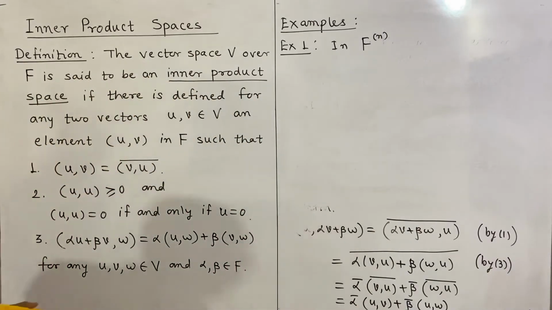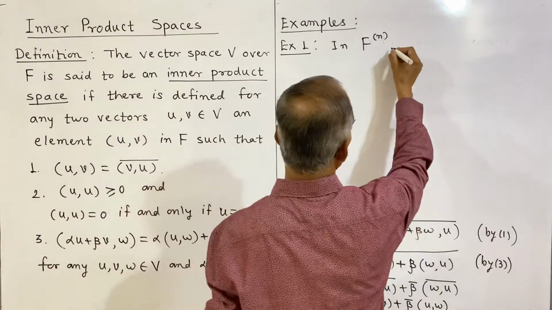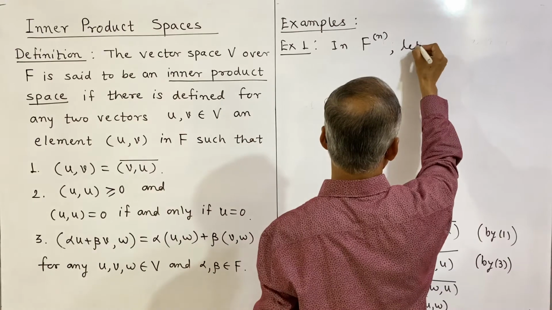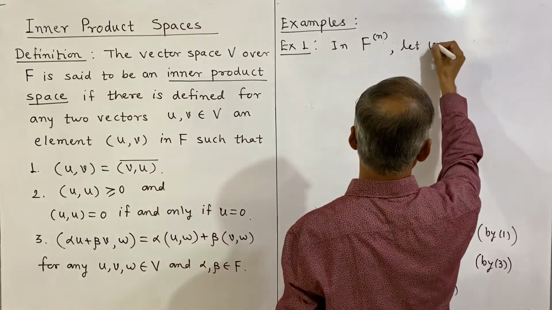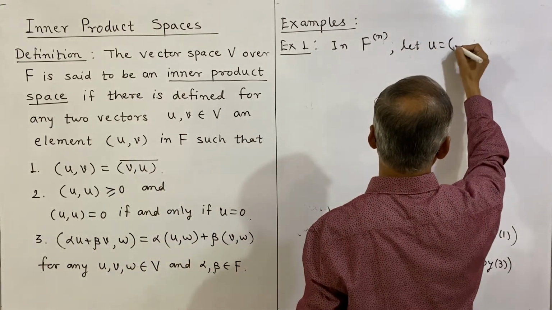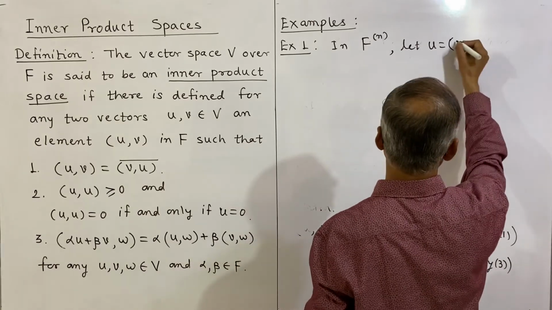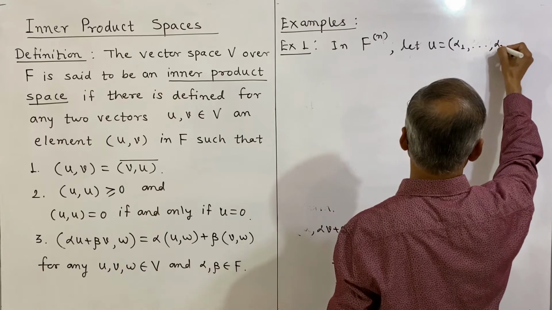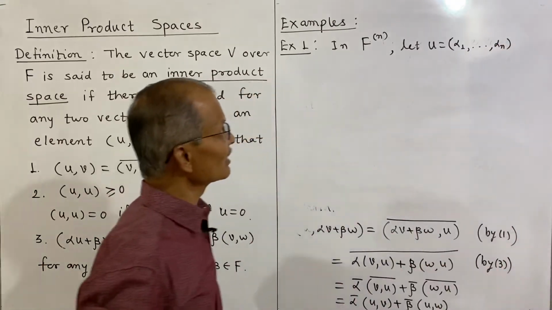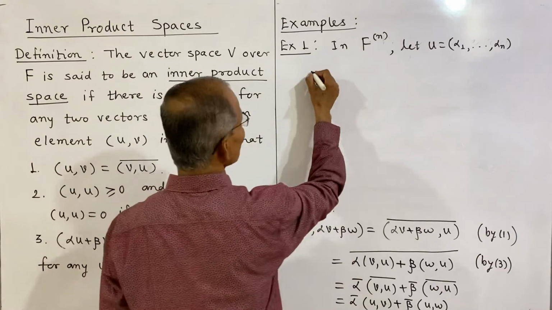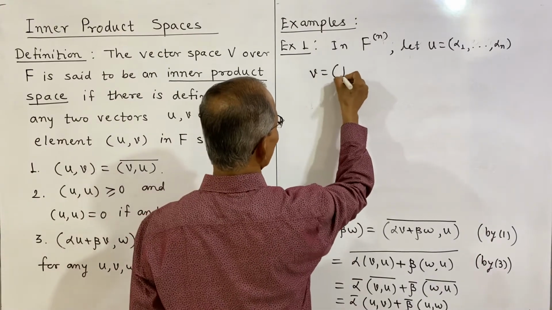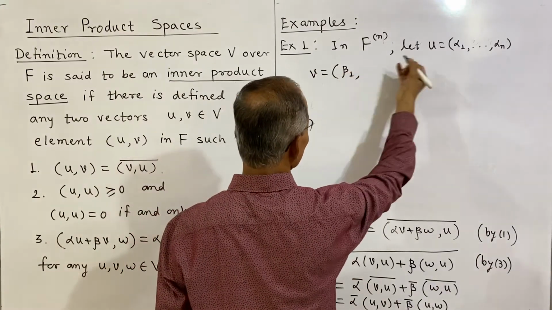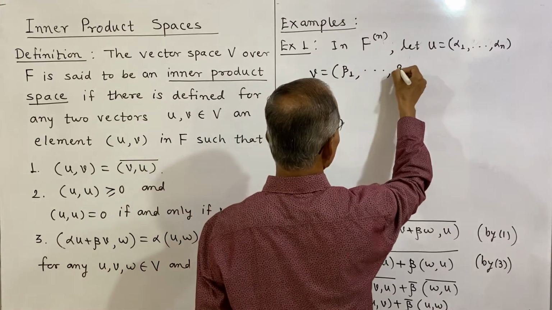F is a field, and it is an n dimensional vector space over the field F. We know what the elements of this vector space are. It has n tuples. Let u in this space have n components, alpha 1 up to alpha n. That is one vector we have considered in Fn, and the second vector we shall consider as v equal to beta 1, beta 2, up to beta n.